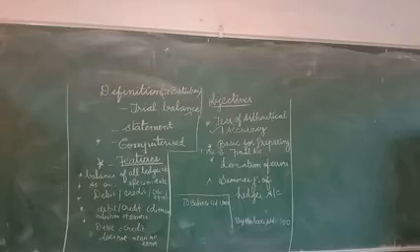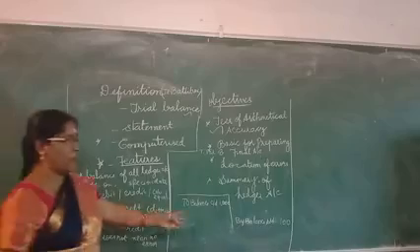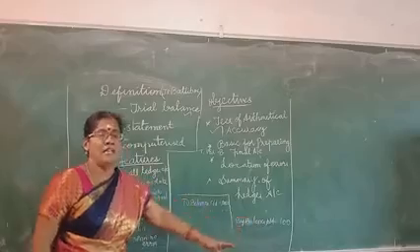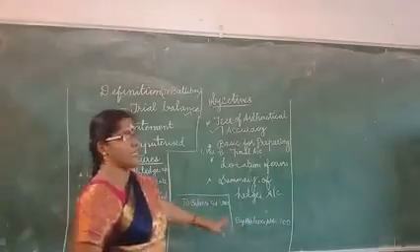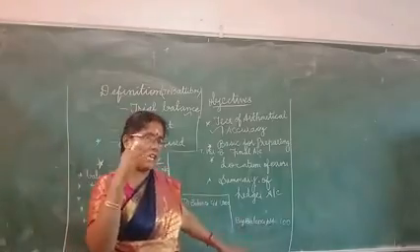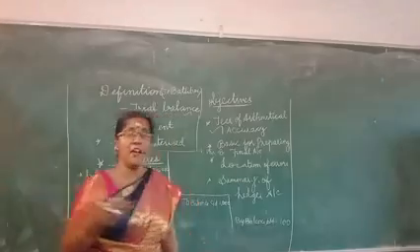While totaling we can commit an error, or while posting into the ledger, while flipping the page we thought this is 10,000 rupees, we forget and write 1,000 rupees. So these are all the mistakes.